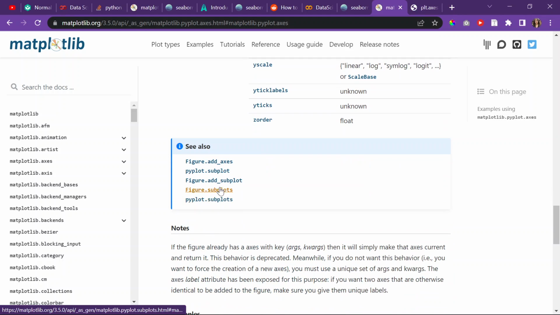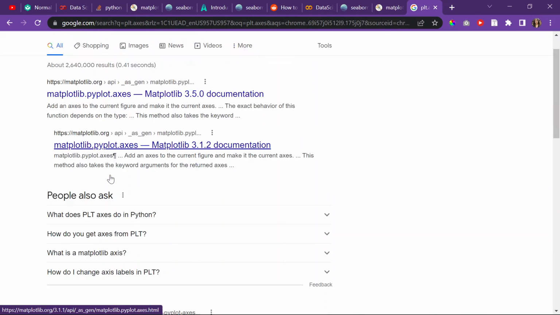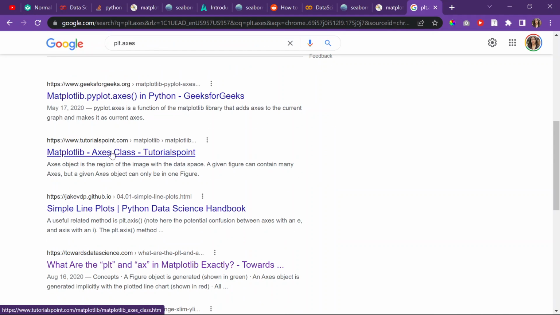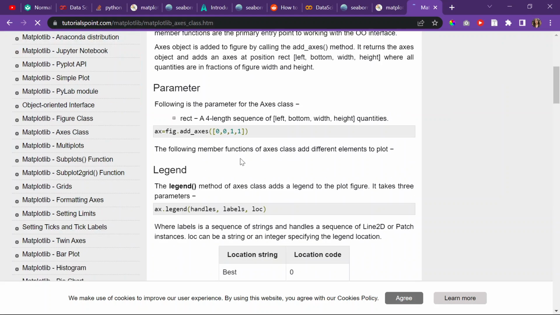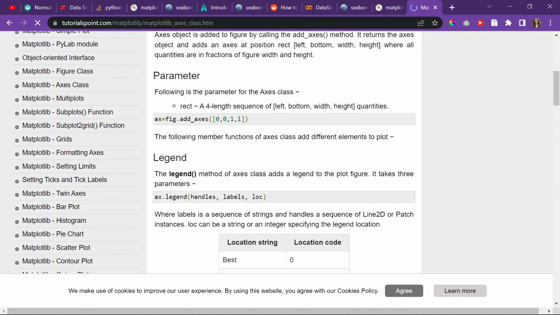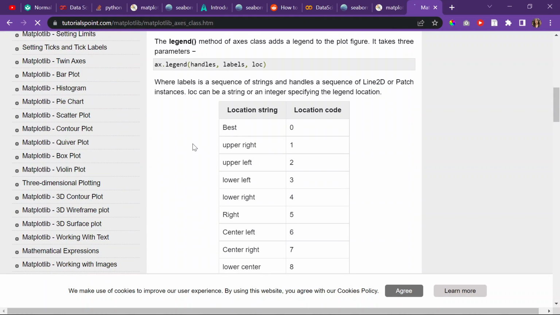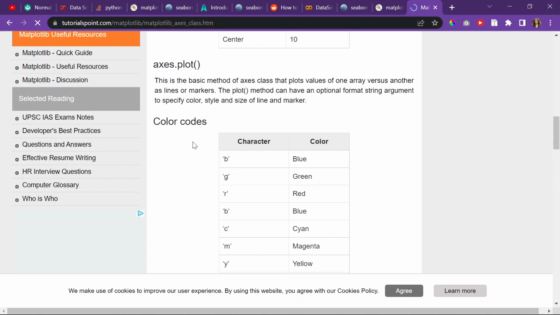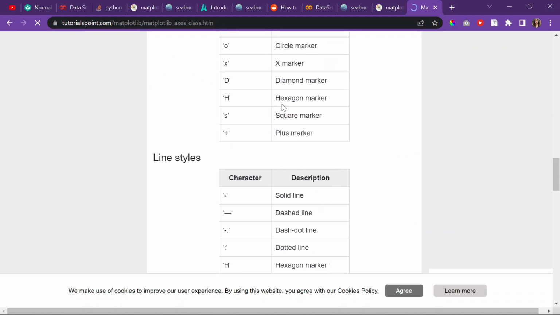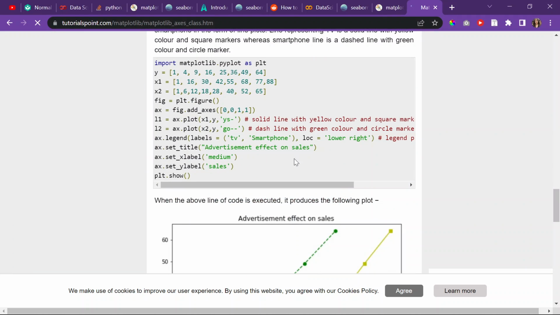And then what about figure subplots, pyplot.subplots? Ooh.